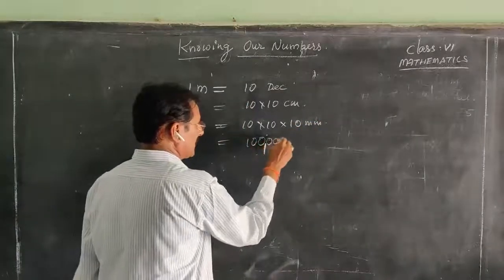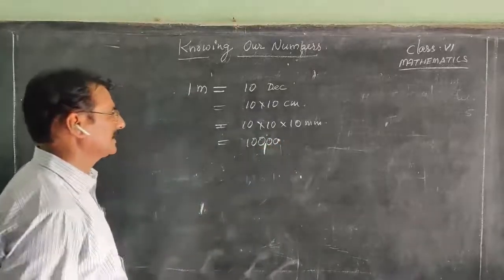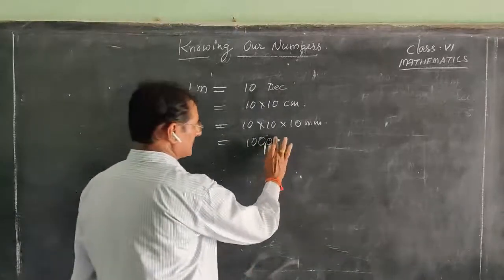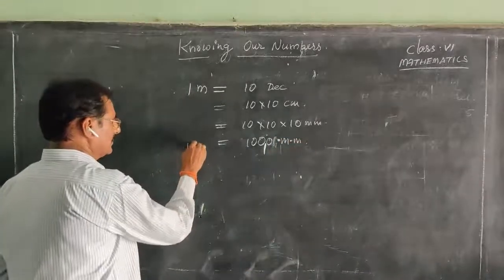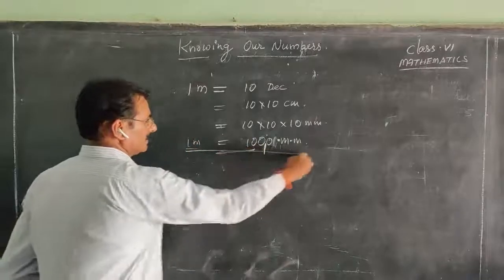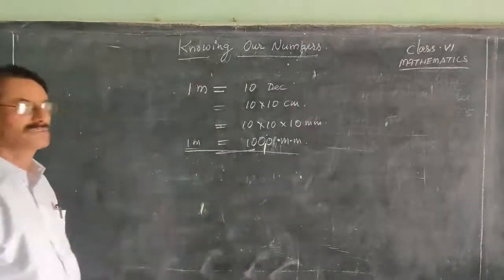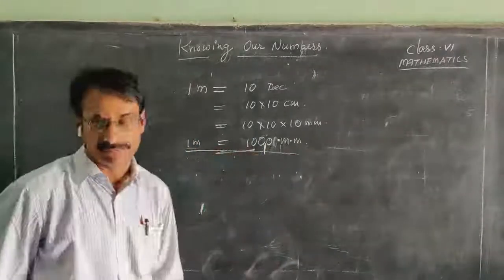The multiplication of 10 into 10 into 10 is 1,000 millimeters. 1,000 millimeters is one of the big numbers.